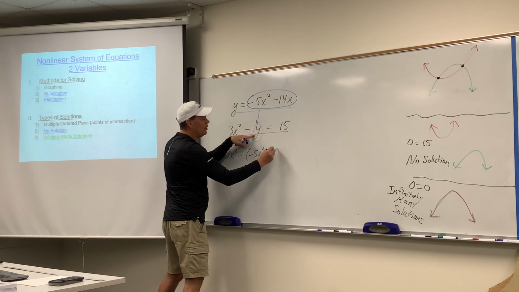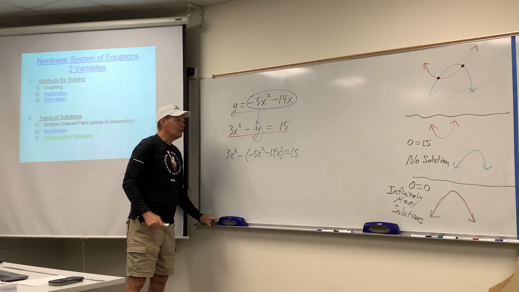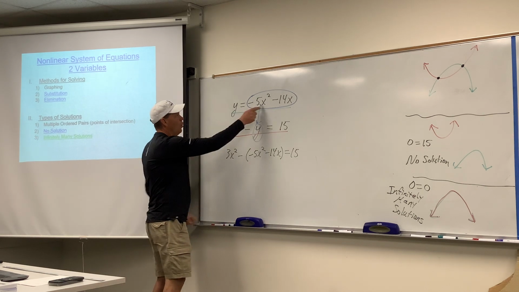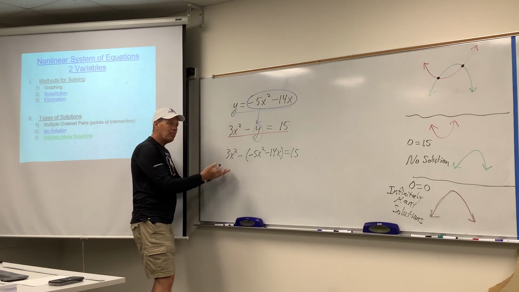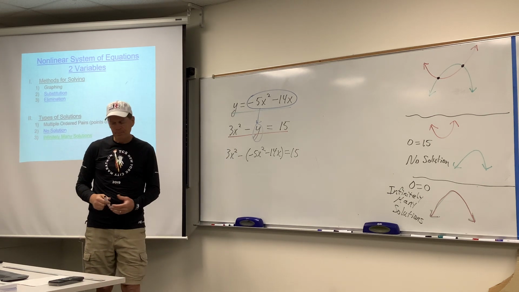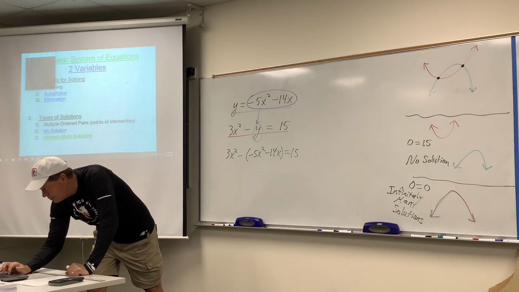We're hopefully familiar and comfortable with the idea of substitution. If that's equal to y, we can put it in for y in the other equation. This now becomes a one variable equation. Therefore, it should be a flashback at this point, shouldn't it?